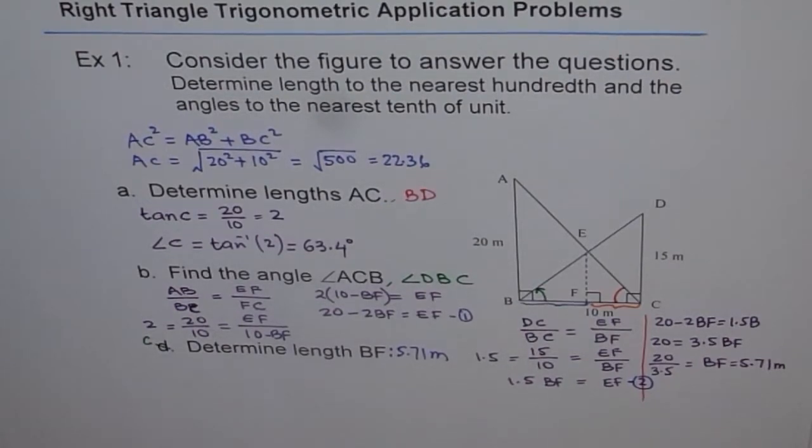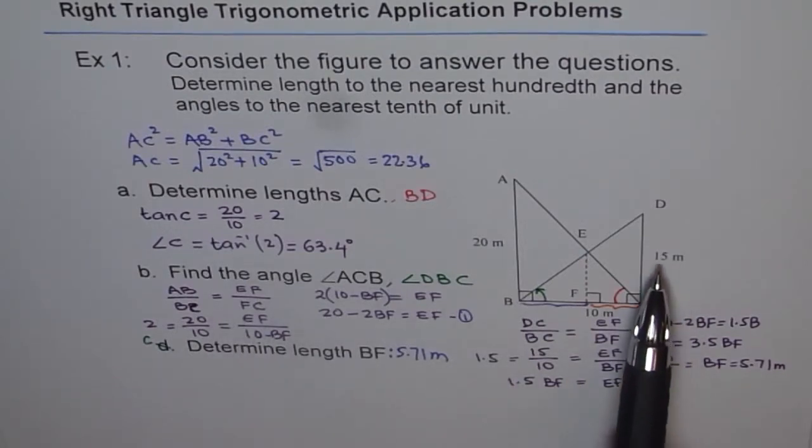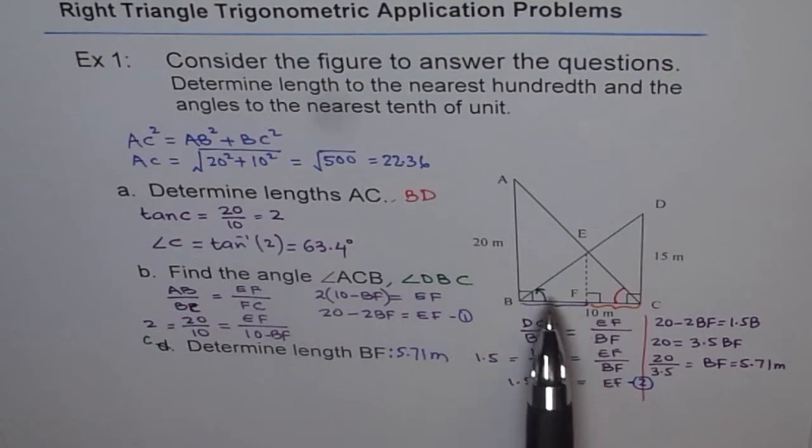Okay. So I would like you to find the side length BF using primary trigonometric ratios. That is an exercise for you. Instead of the method of similar triangles and ratios, now this ratio is tan theta, right? So tan of theta is 15 over 10, correct?